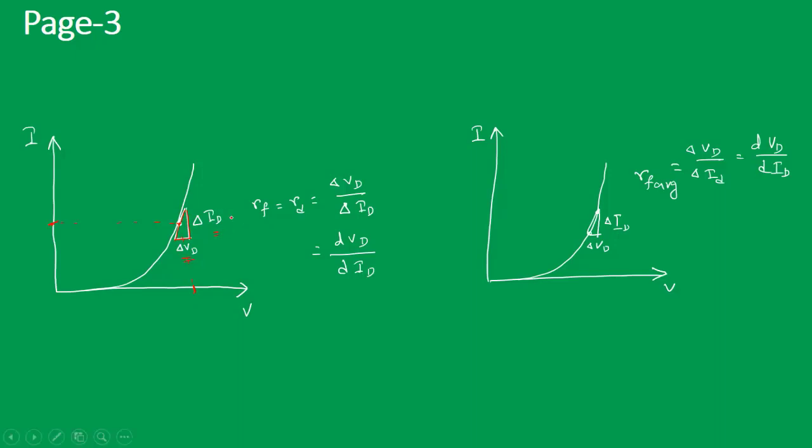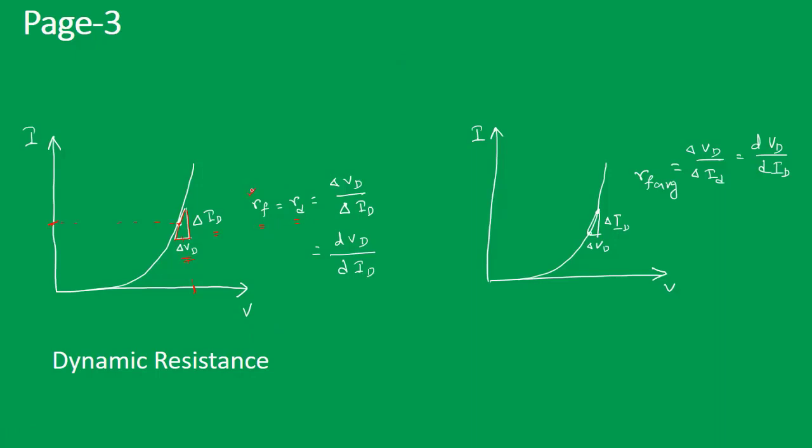So this is basically providing us the change in the forward current with respect to the change in the forward voltage. Whatever voltage change is taking place, with respect to that, how much the current is changing. That is why we call this the dynamic resistance. Dynamic resistance is denoted as small rF or rD.